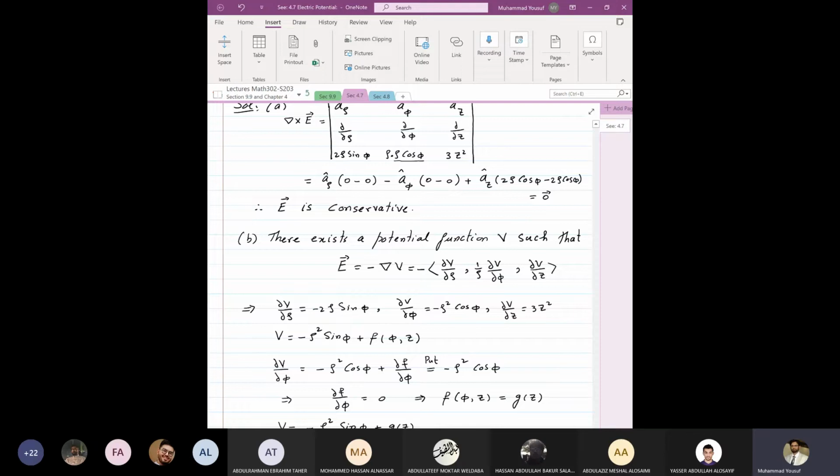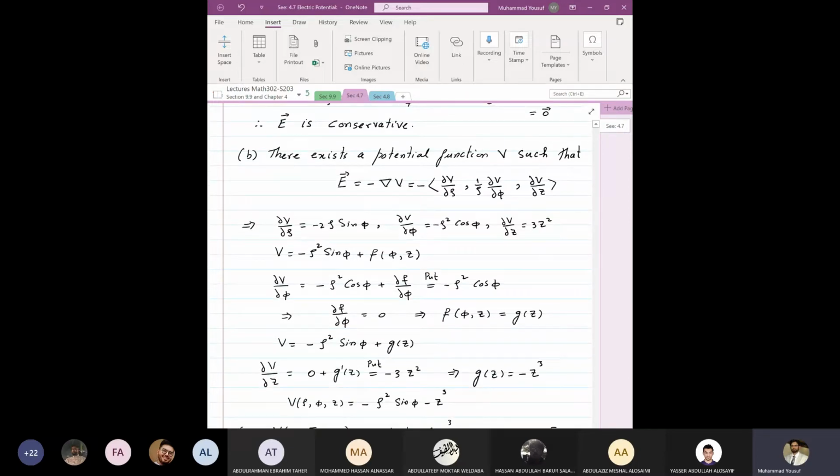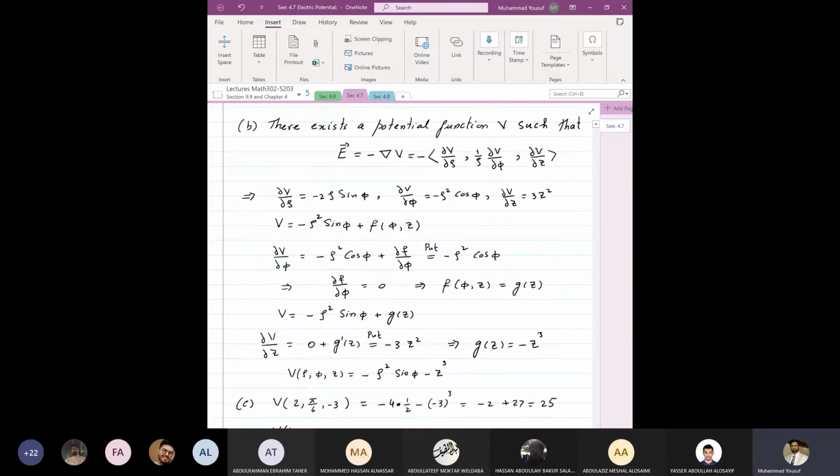So this means partial f by partial phi is 0. It means there is no phi in function f. So function f is independent of phi, that is, it is a function of z alone. So we put g of z instead of f of phi, z, and then get V.